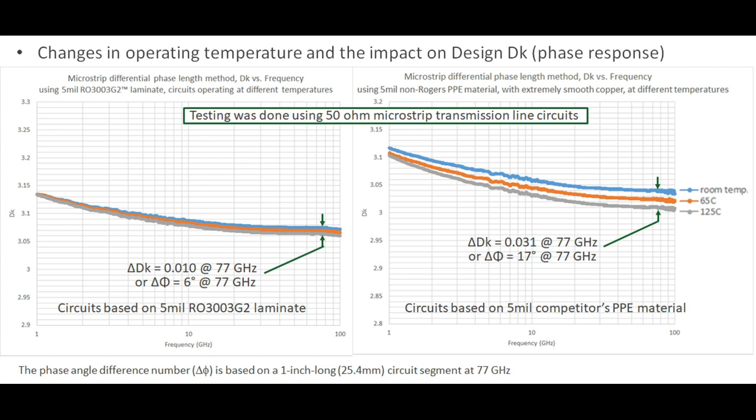Now, if you look on the right, that chart is using the same circuit, same design, except the material is a 5mm PPE-based material from one of our competitors. Here, the same type of testing across the same temperature range, you can see there's a difference about 3 times that of the RO3003G2 material, and here we get a dielectric constant difference of 0.031 at 77 gigahertz.